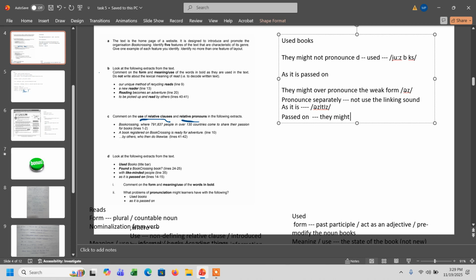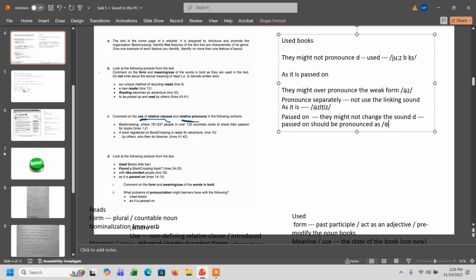They might not change the sound. Passed on, not done. It will become ton, right? Change the sound D. It should be like passed on should be pronounced as passed on. Ton.